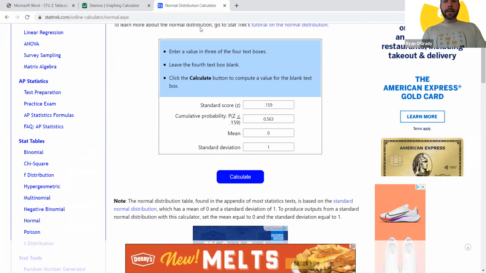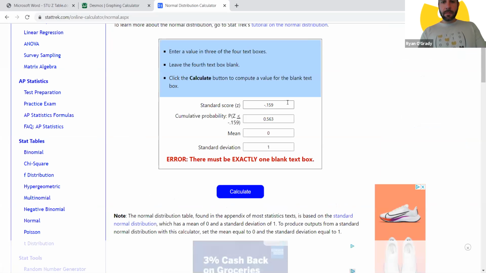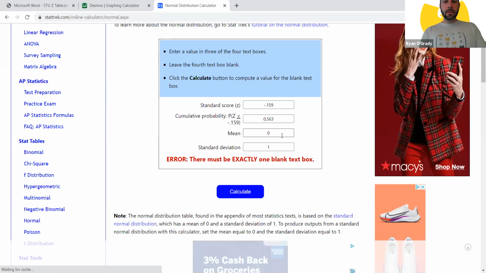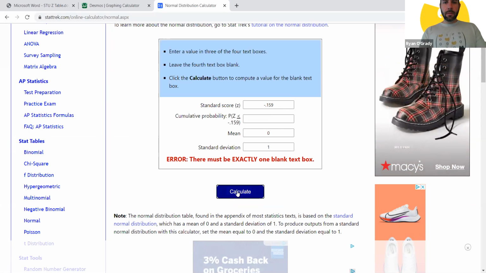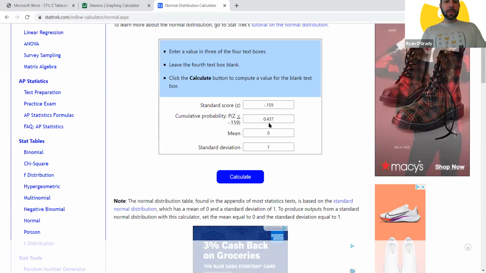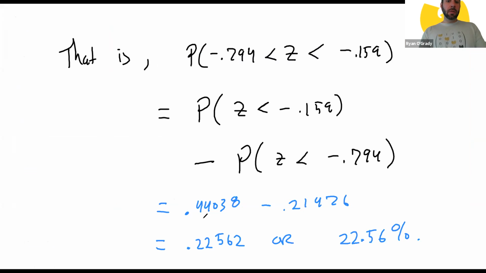So if you go back to our work, oh, I hit the wrong button. Sorry. I forgot the negative sign. That would be bad. I don't like this calculator. It's annoying me. So you get 0.437, which if you look at what we did, that's what we got. Only we rounded differently, right?